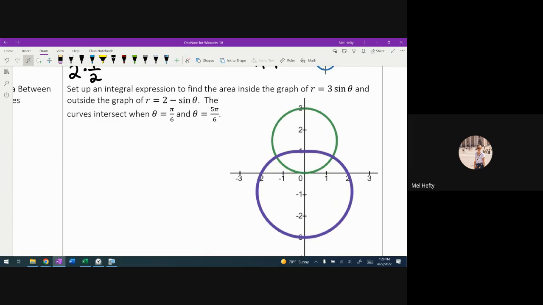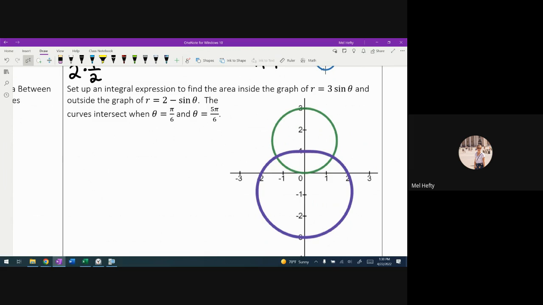And I want you to make a prediction with your table. Which one do you think is which? Take about 30 seconds to talk, and then I will ask you. All right.